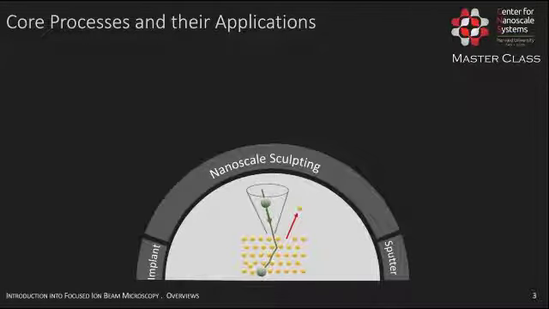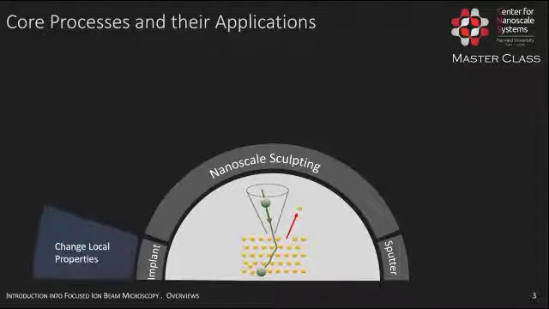On top of that, we can do this on a very small scale because modern instruments are able to focus the ion beam down to the nanoscale. And so we are able to use these processes to do nanoscale sculpting.